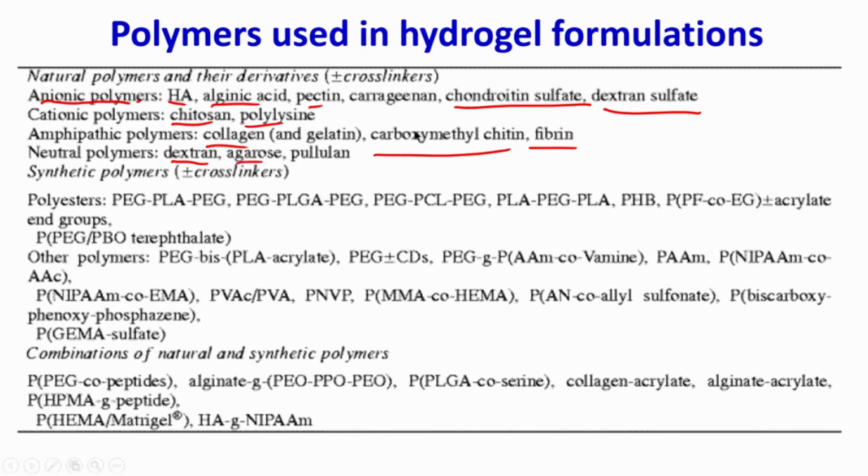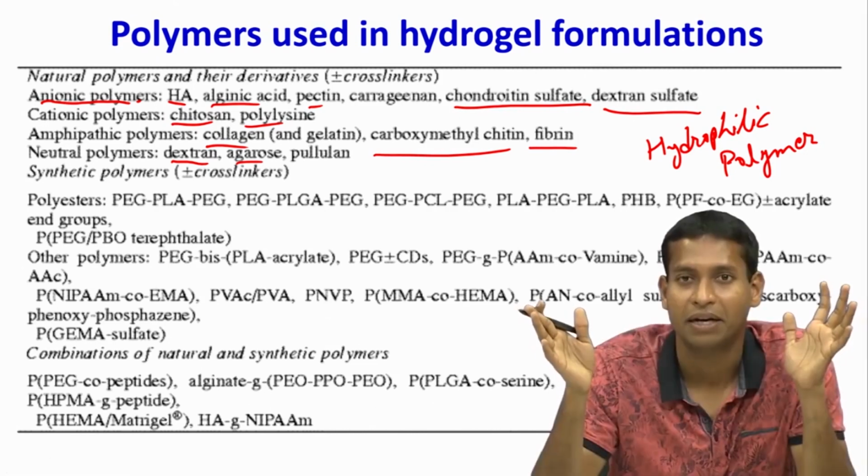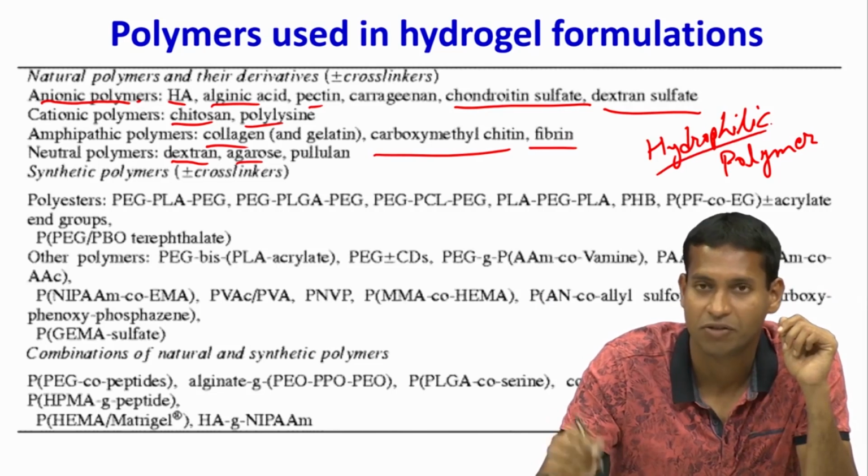Again remember all of these molecules need to be hydrophilic, right. As we said, the hydrogel will only form with hydrophilic polymers. So, again all of these can also form various other kinds of things along with some other polymers too, but if it has to be hydrogel, it has to be hydrophilic.